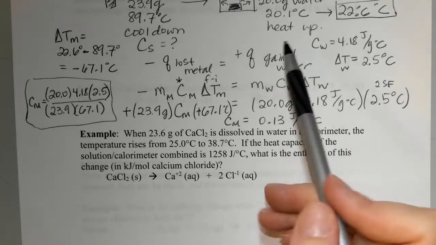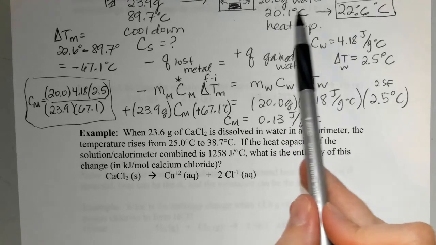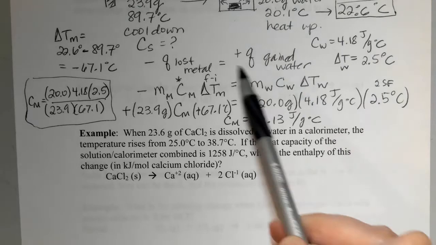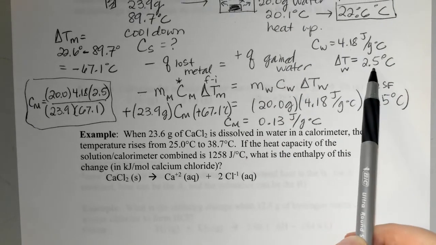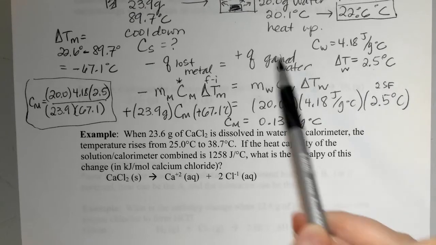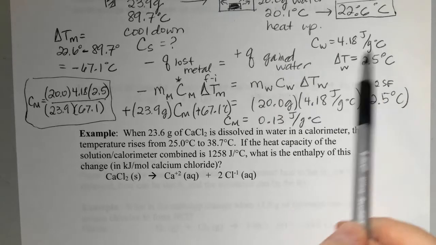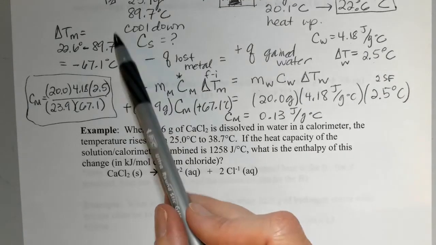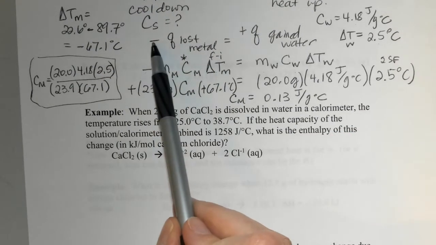So if we know the mass of water, we know the heat capacity of water, and we know the change in temperature for the water, we can figure out the heat absorbed by the water. Mass times heat capacity times change in temperature. So there's the energy absorbed by the water. That energy absorbed by the water is equal to the energy released by the metal, just the opposite sign. So that's why we have a negative over here.